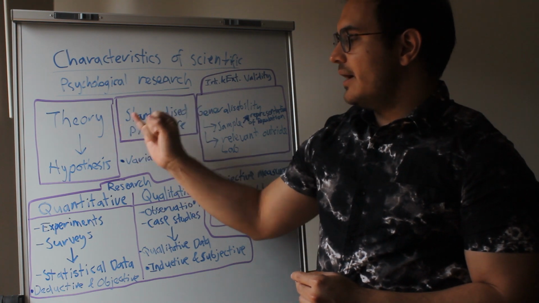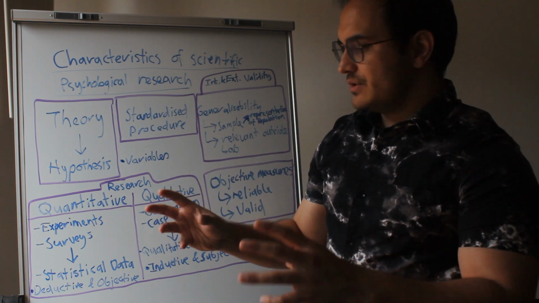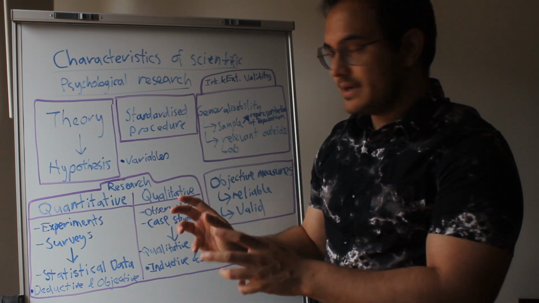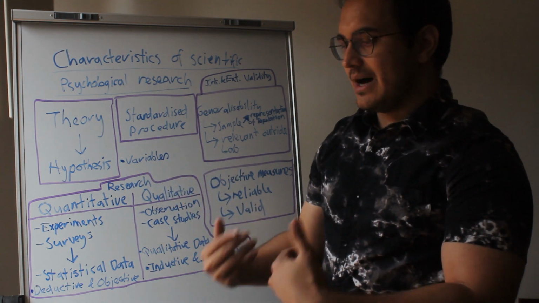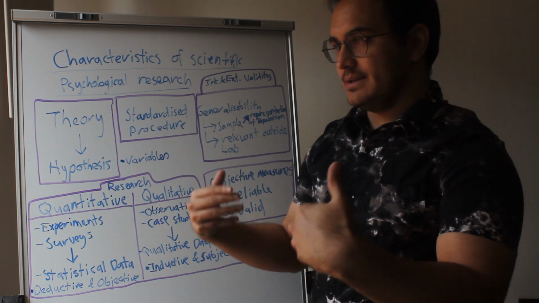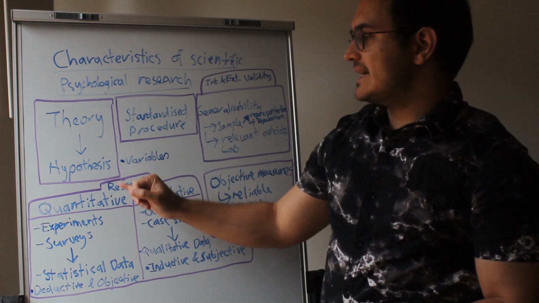So we have a general theoretical framework which has certain propositions within it. We develop a hypothesis that we want to test. We predict something that we actually want to put to the test. How do we test it?